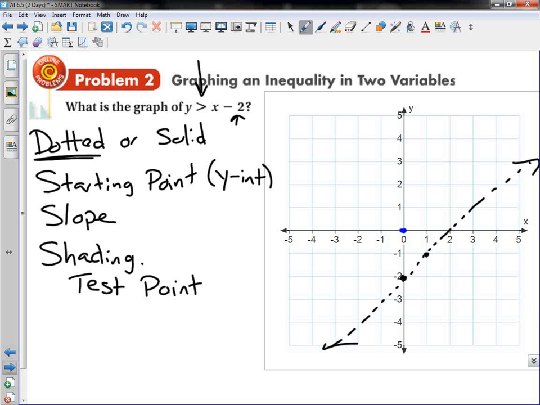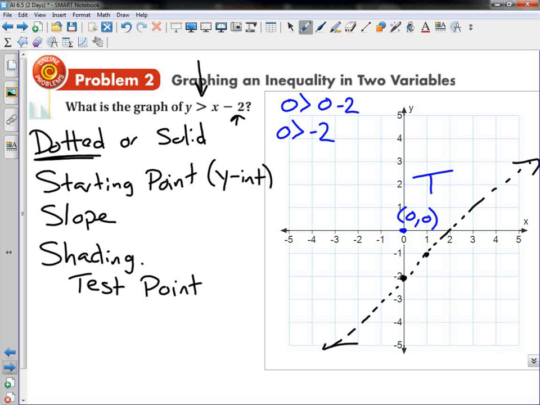So if I plug in the point, this is 0, 0, right? That means 0 for y, 0 for x. If I do my math, I get y is larger than, or 0 is larger than -2. Is 0 larger than -2? Yes. That means this is the true side.